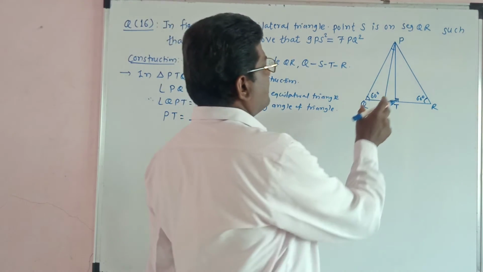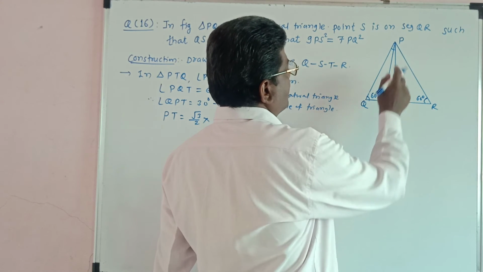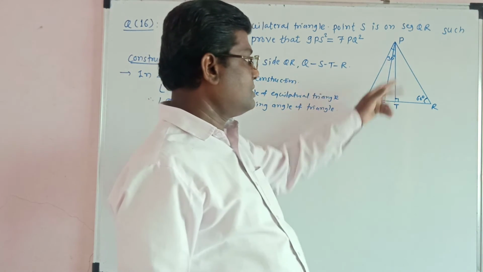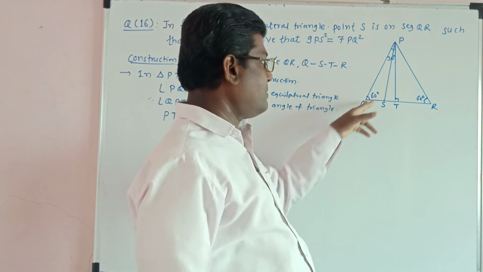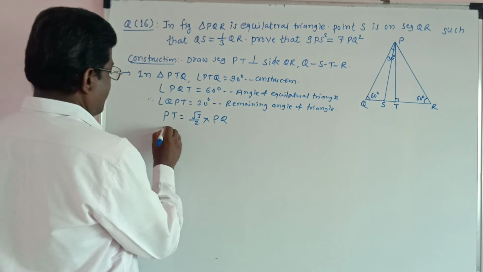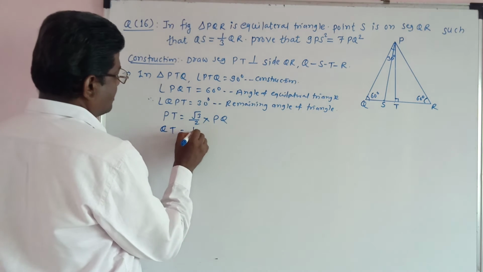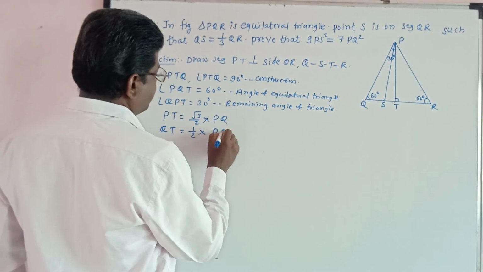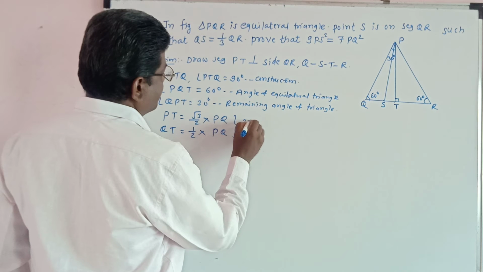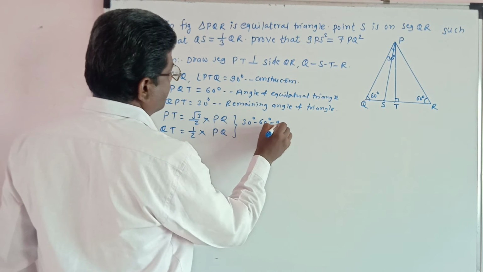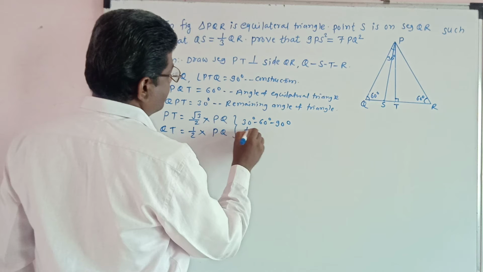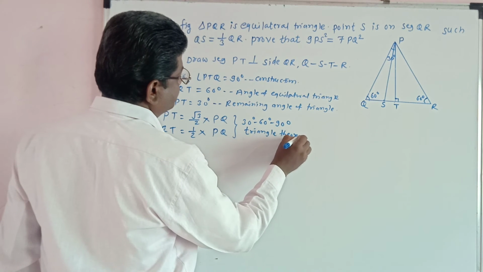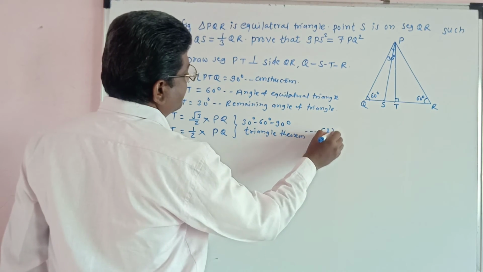And this side QT is opposite to this angle, which is 30 degree. The side opposite to 30 degree is half of the hypotenuse. So QT is equal to 1 upon 2 into PQ. The reason is the 30-60-90 triangle theorem. This is equation number 1.